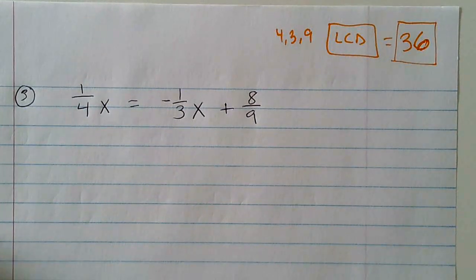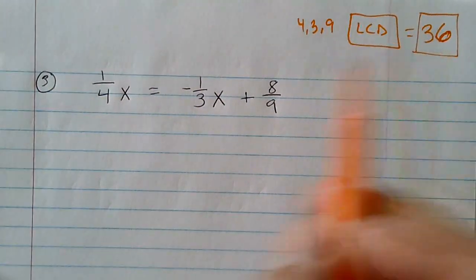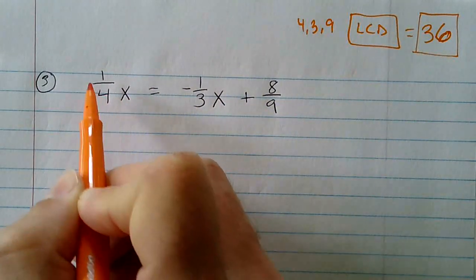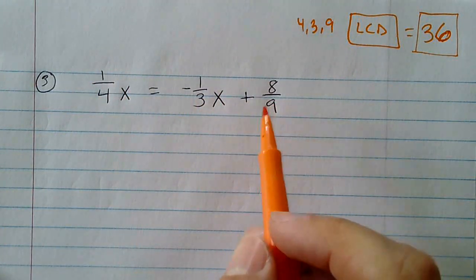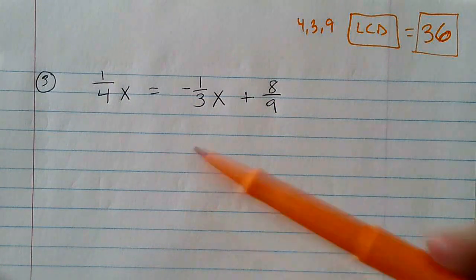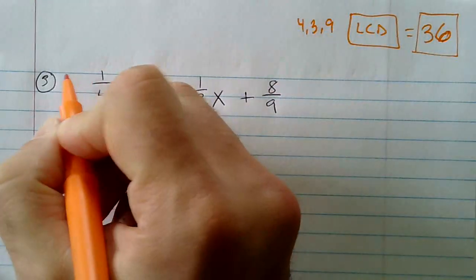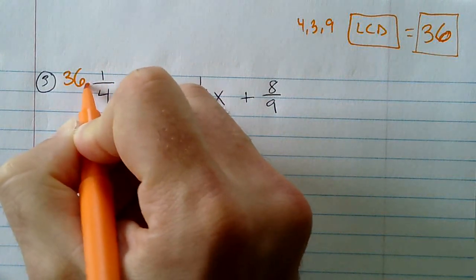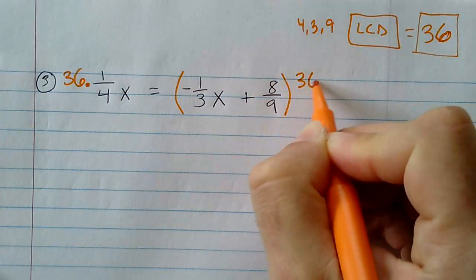into equally. What we can do now, once we identify that value, we're going to take that value and we are going to multiply it by everything on the left and multiply it by everything on the right. That's keeping balance in my equation, because if I do something on the left, I have to do it on the right. So we're going to multiply by 36, and then we're going to multiply this whole side by 36.